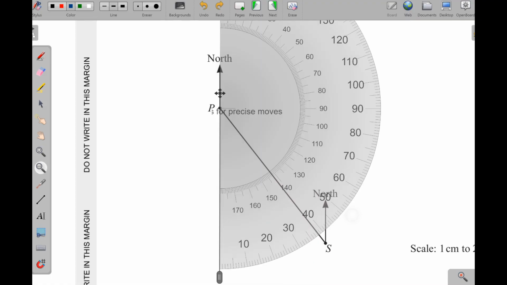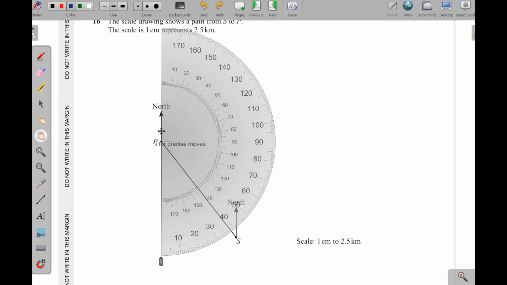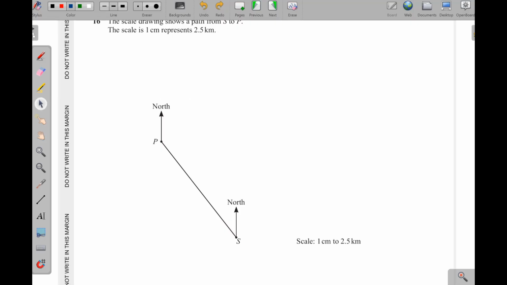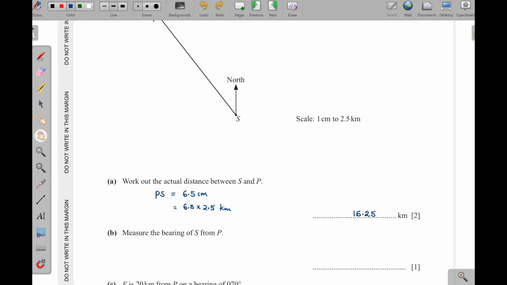So our answer is going to be 142. And if your bearing, when you measure, the angle is less than 100, then you begin by writing a 0. So this is 142. Because bearings, we always write them to 3 digits. Okay, I said bearings are measured from the North Pole clockwise.